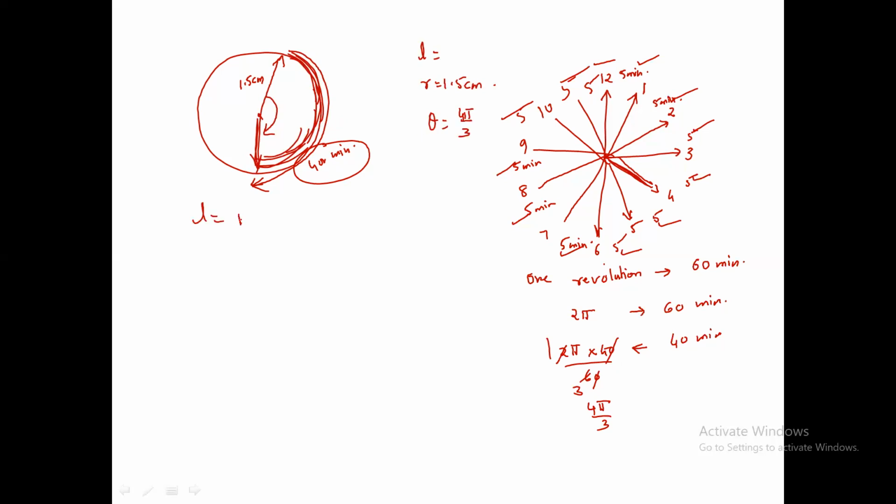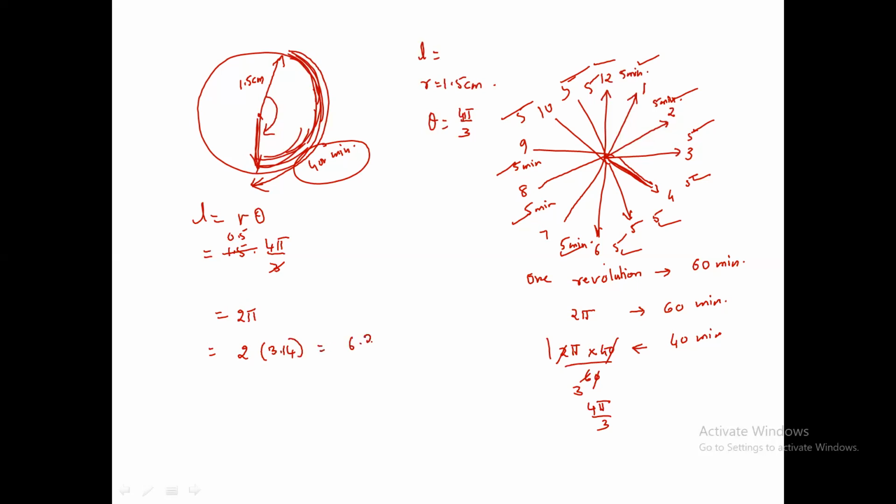Now length is r theta. R is 1.5. Theta is 4 pi by 3. 3 into 0.5, so 2 pi. But because we are finding the length, pi you can write as 22 by 7, or you can take 3.14, anything.